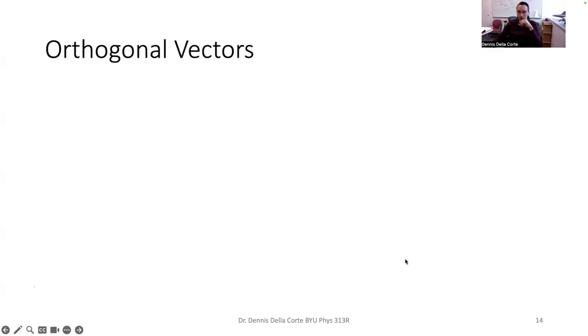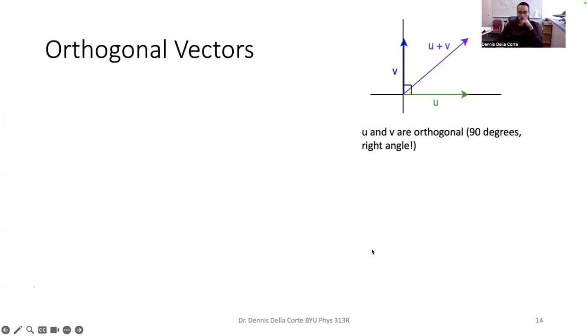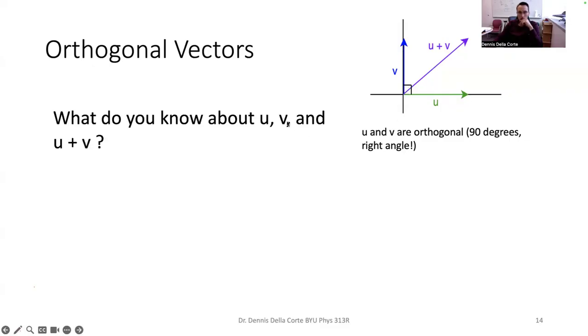Now there are some special vectors, and they are orthogonal. Orthogonal vectors are such that they do form a right triangle. There's a 90-degree angle here between the u and the v vector. So what do you know about u, v, and u plus v? Well, since u and v are at right angles, they should form a right triangle.